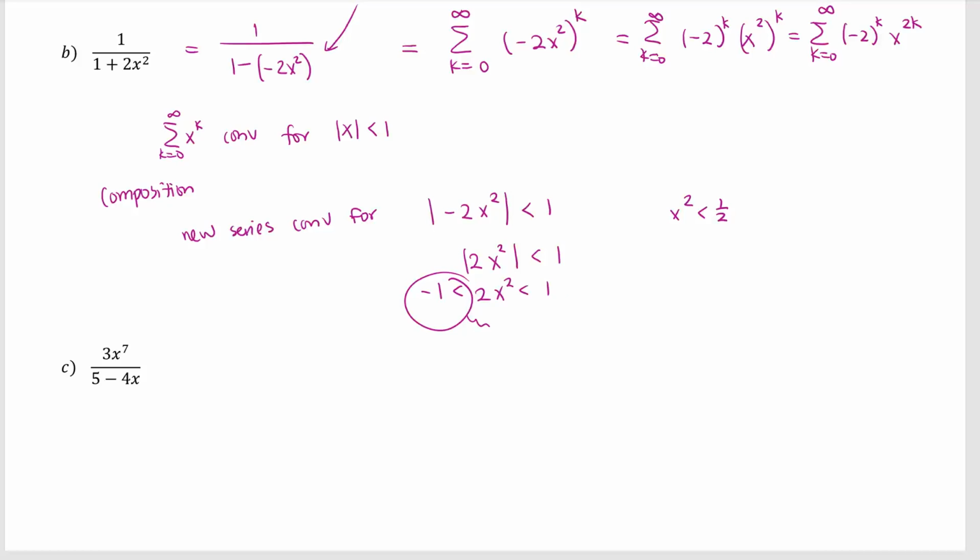So what does that mean? That means when you take the square roots, absolute value of x is less than 1/√2. Okay, and that means x is between -1/√2 and 1/√2. So everybody, you gotta be careful.